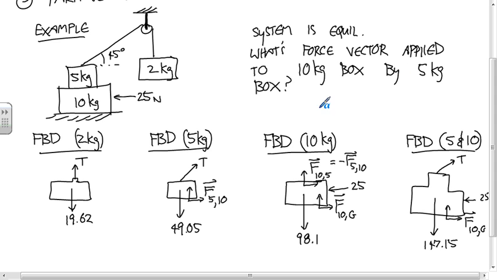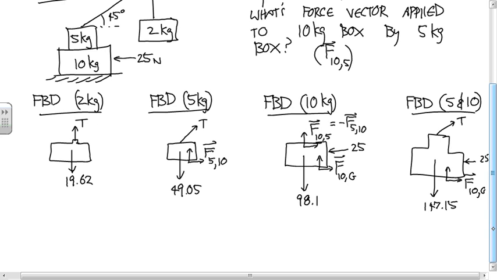That's not what we want. We want the force on 10 by 5. But remember, Newton's third law says that those are equivalent. All you do is switch the signs, and then you have the one you want. Any questions about these?